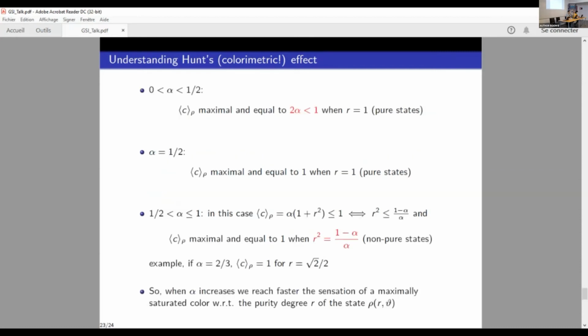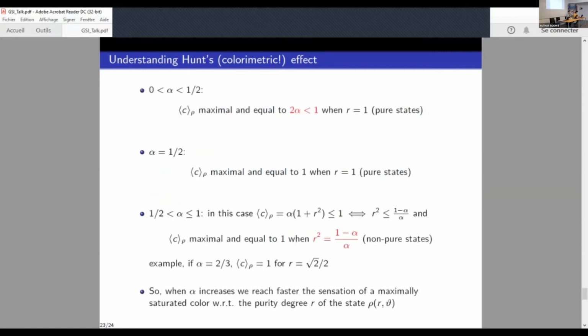Let's see how. So if we consider the bottom part of the cone that is parameterized by alpha between 0, we avoid the 0 because it's the absence of light, so between 0 excluded and 1/2 excluded, we have that the expectation value of C on rho is maximal and equal to 2 alpha, which is strictly inferior than 1 when R is equal to 1. So even for pure state, we cannot reach 1.